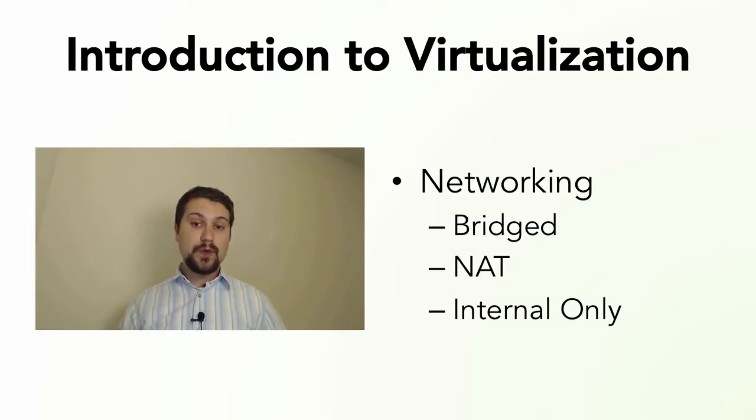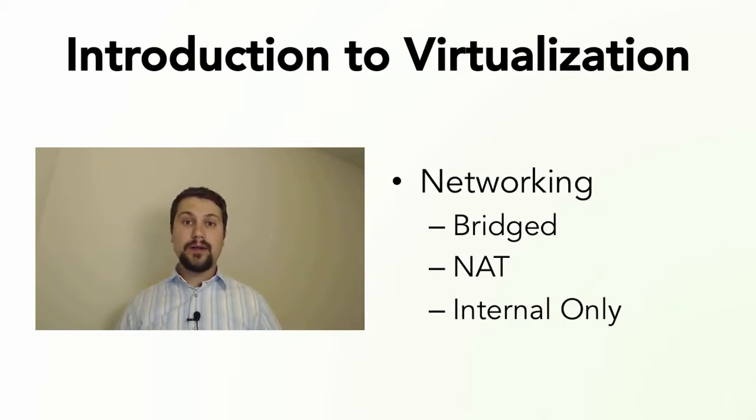You have bridged, which means that the VM is going to share the NIC of the physical hardware, whether that be a wired-in module or a wireless NIC. So both your host PC hardware and the VM will have two separate IP addresses, and the hypervisor will maintain that communication so both can actually talk out to the network.